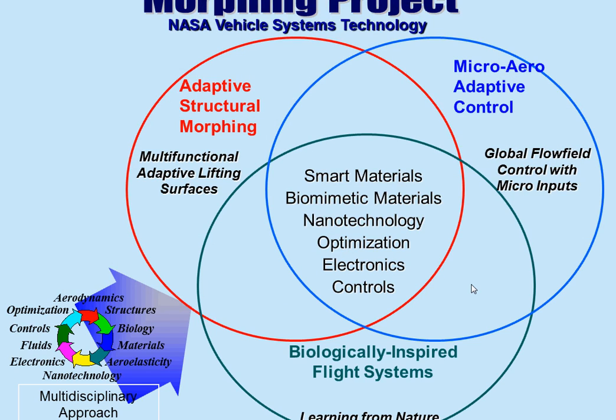On a ground vehicle, we don't have any shape changing, but on a space vehicle, we could. Some adaptive control technology, of course, materials, smart materials, nanotechnology, optimization, and biologically inspired flight systems.